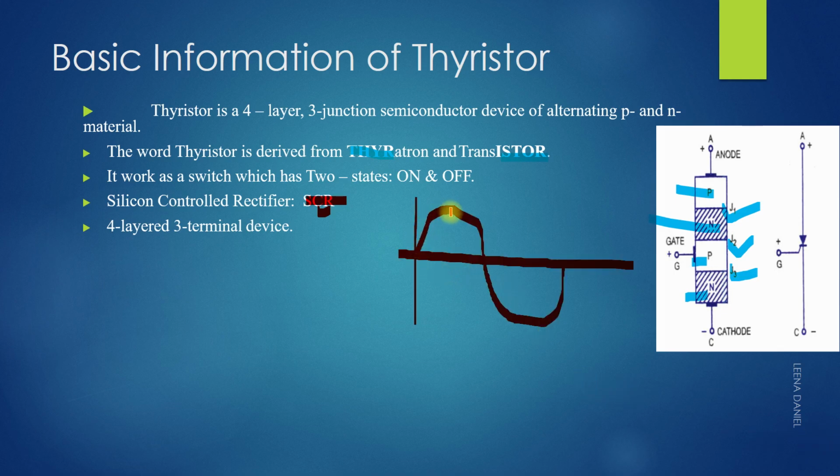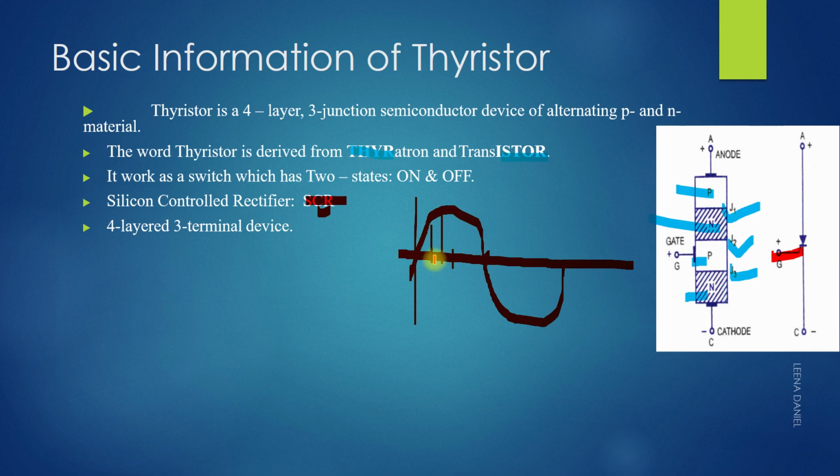I draw simply by this pen a sine wave. It is not proper, but just for example, this point is 0, this is 180, this point is 90 degree. By using a gate terminal, which plays the vital role, we can turn on the thyristor at any point of this input waveform.